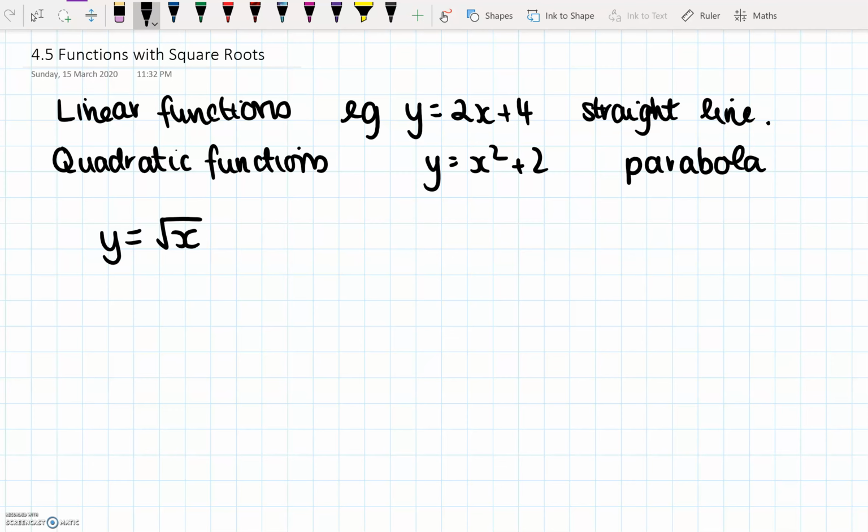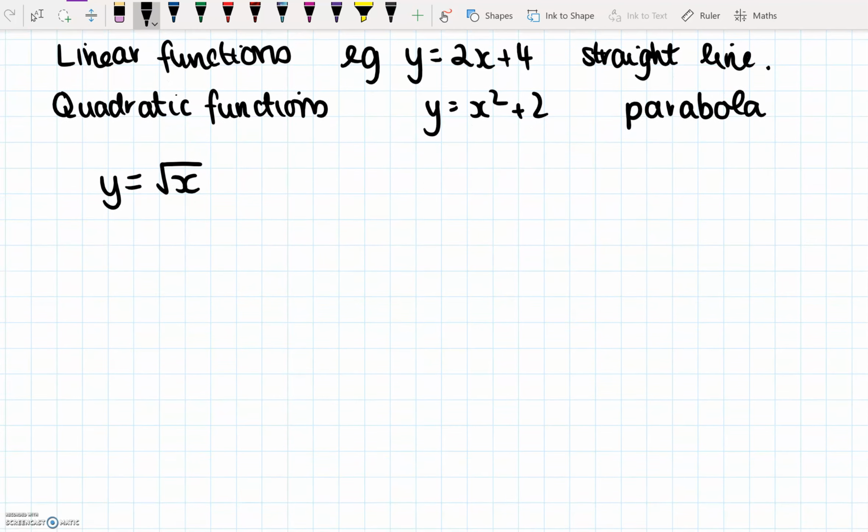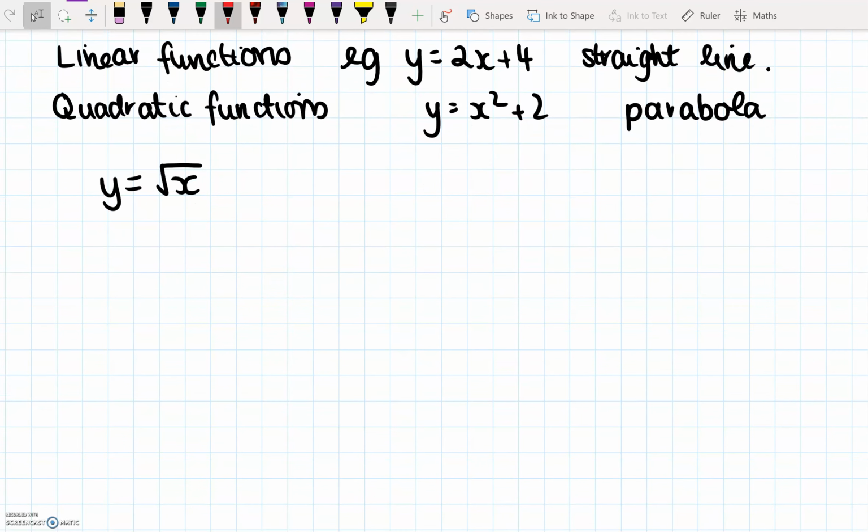Now, what we've done in the past when we've looked at a new type of function is we've always started by drawing an xy table and having a look at it. So that's what we're also going to do here. So let's draw an xy table. We do something like this. We're going to put x and y, and let's put some boxes in along here.